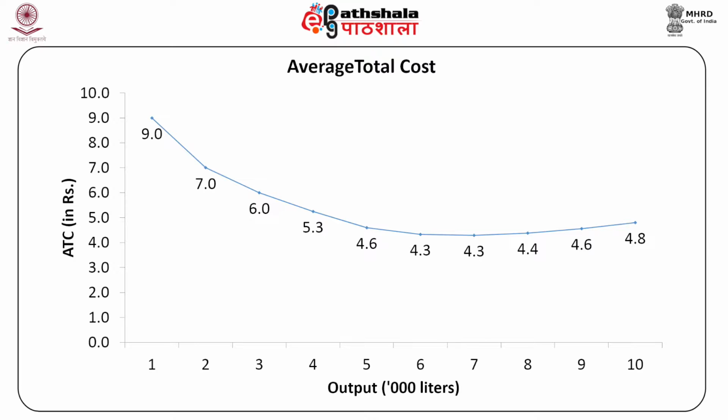At high levels of output, diminishing marginal returns to variable factors set in as there is too much of these compared to the fixed factor. Therefore, at high levels of output, marginal cost is high, which leads to the high average cost. In between these two extremes, very low and very high levels of output, the average cost reaches its minimum.